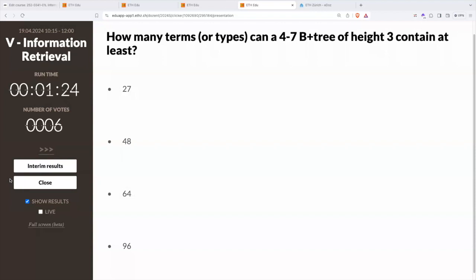4,7 B plus 3. (27, 48, 64, 96). These are numbers that look like there's been a lot of multiplications in there. So you can also maybe reverse engineer by trying to decompose them back into prime factors. But it's probably easier to really go the normal route of actually computing.